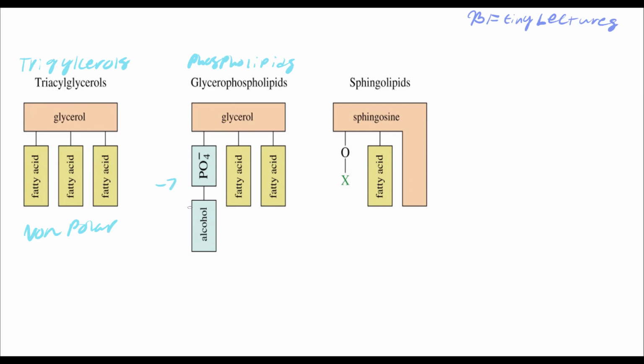The phosphate group has an alcohol, and that's going to make it polar. So whenever I drew this right here, this was your polar head. Well, this guy is your polar head, and your fatty acids are actually the tails, okay? So we have fatty acids. So I think that's pretty cool, right?